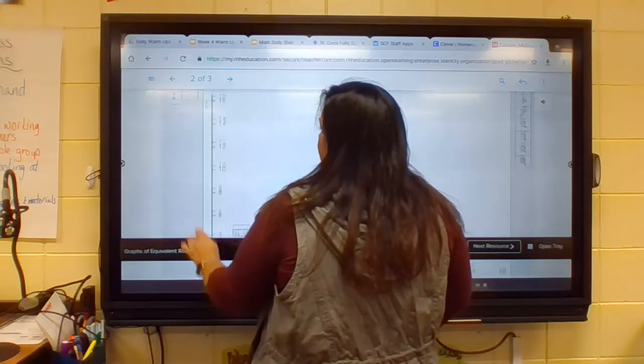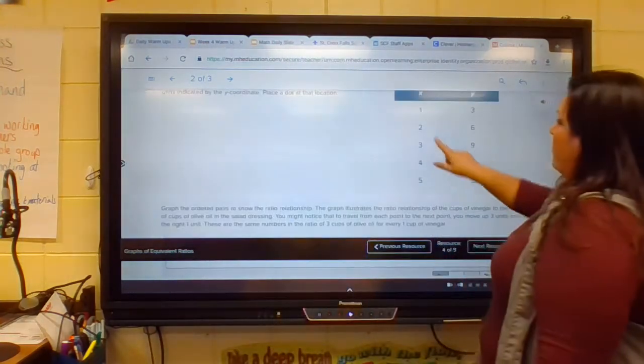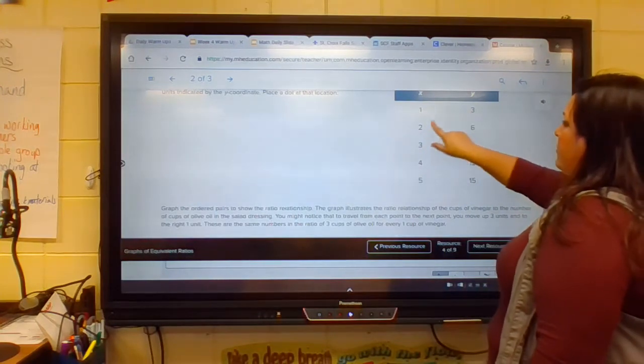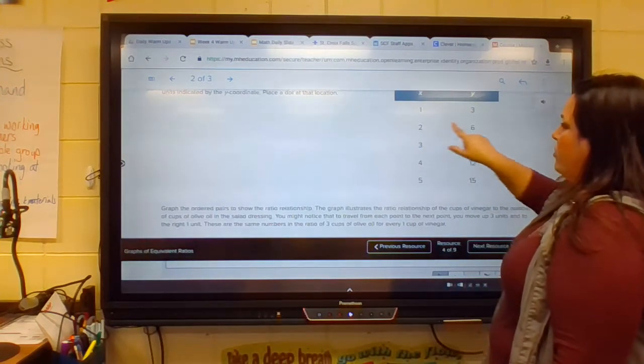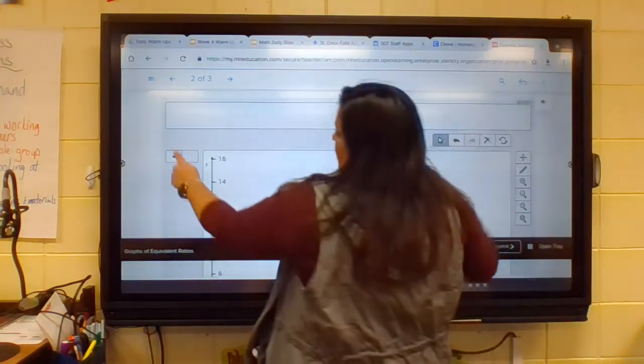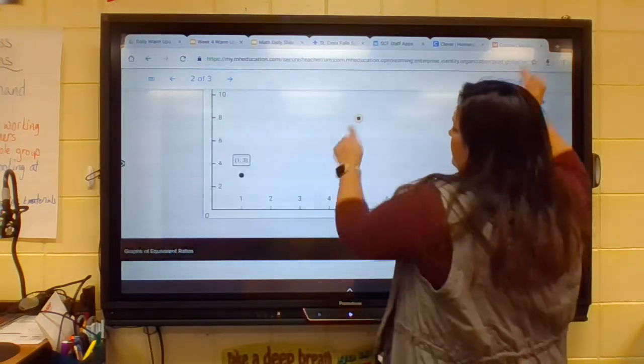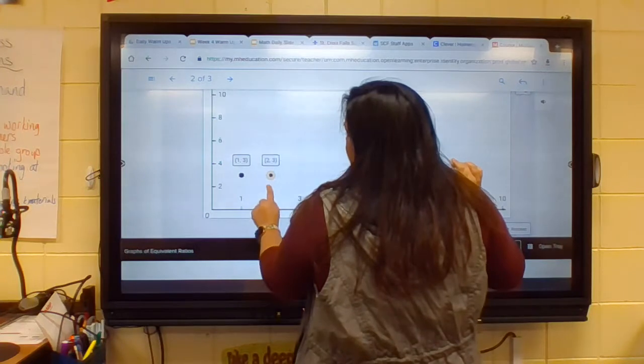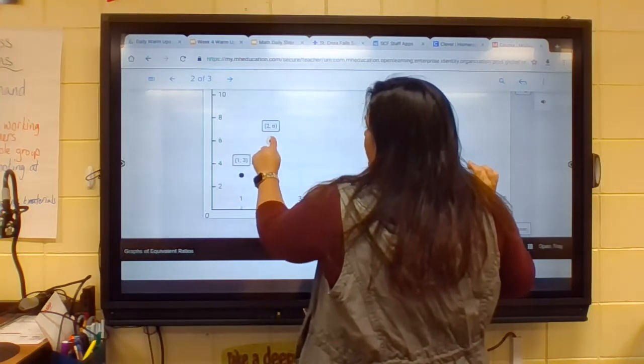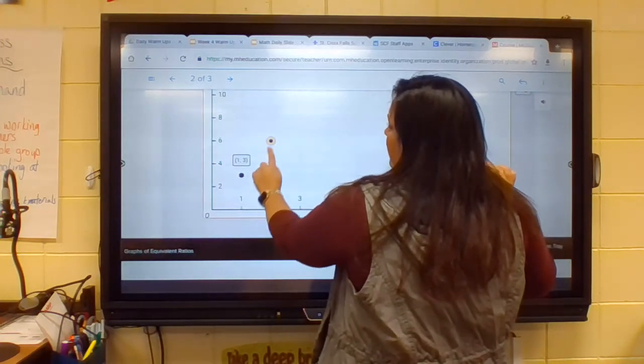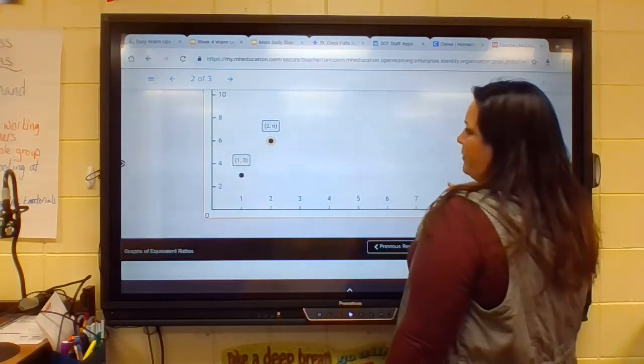And we can place the next points to continue on from our ordered pairs here. So 1, 3 was our first point. The second point we would have is 2, 6. So once again, I'm going to add another point, and I'm going to place it at 2, going over 2 and up 6. That would be our next ordered pair. Okay?